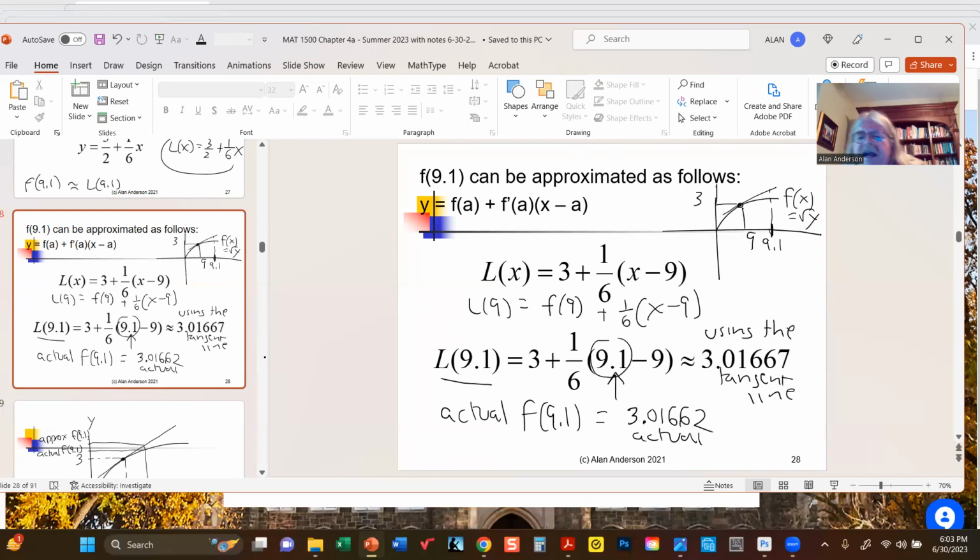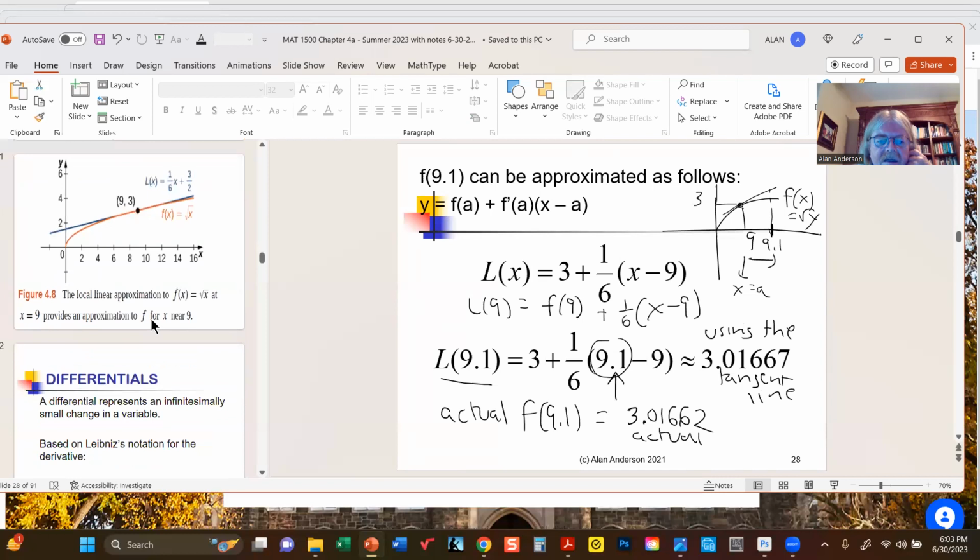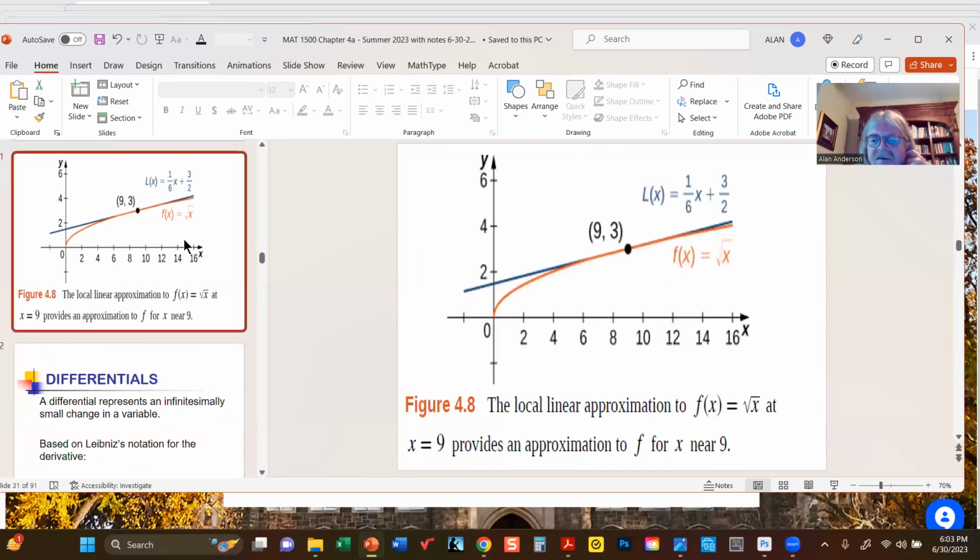The reason why it's so accurate is because we didn't move too far away from x equals a. Okay, like I said before, if we tried to move from 9 to, let's say, 20, you would find that the approximation is actually not very good at all. All right, and then here's the book's graph of this. It's obviously better than what I was doing. You can see the two curves aren't that far apart as long as we're reasonably close to 9.